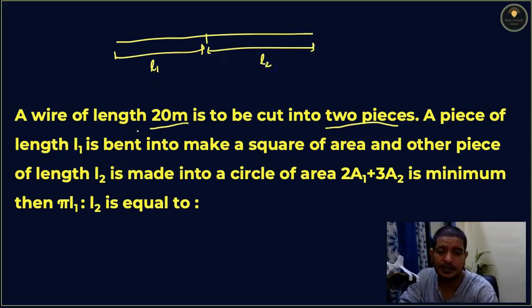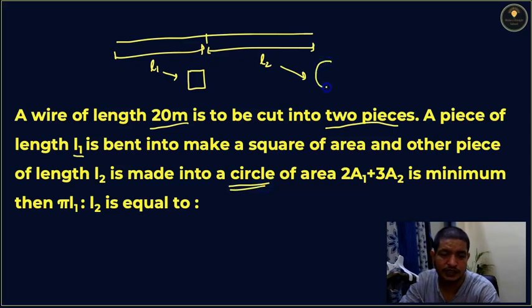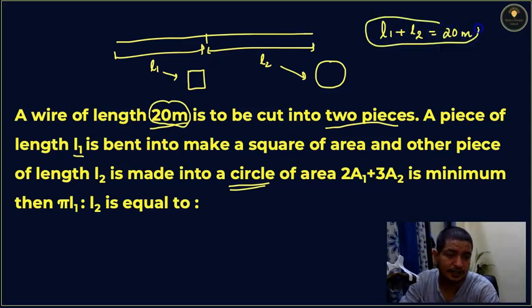It is already given that L1 is bent into a square shape and L2 is bent into a circle. Now it is also given that the total length of wire is 20 meter. So I will write L1 plus L2 equal to 20 meter. These all are the things given in this question.